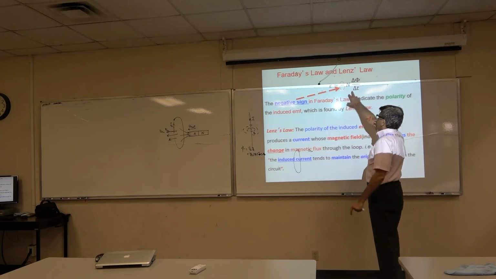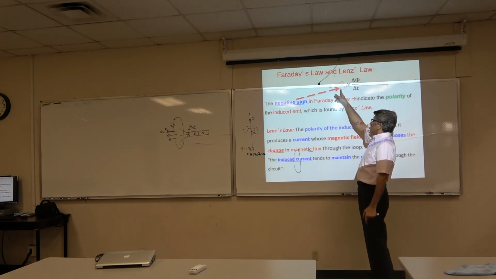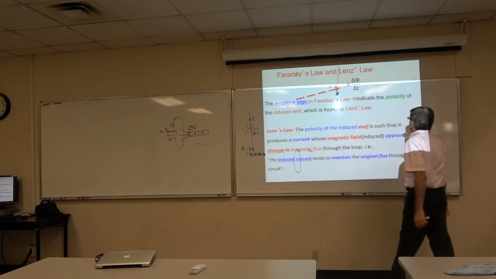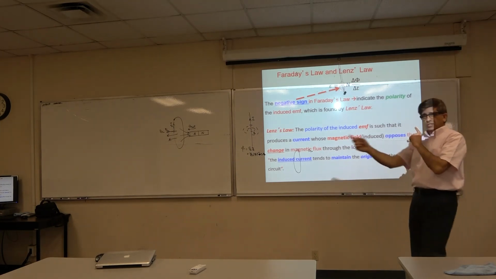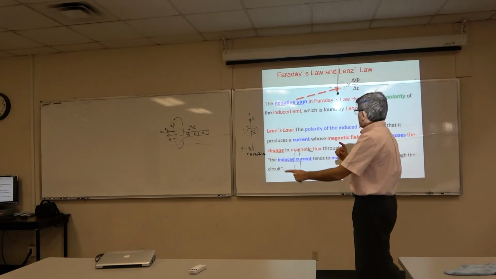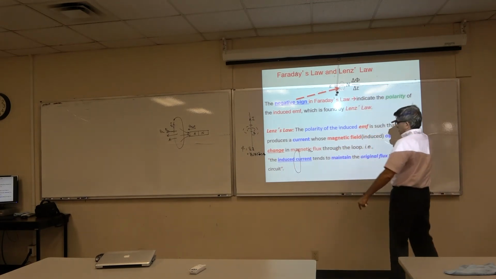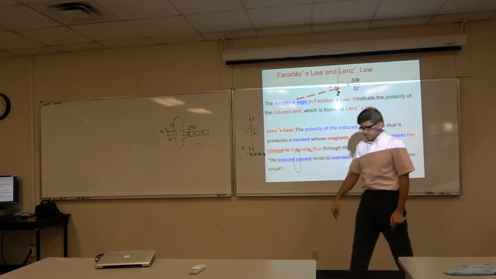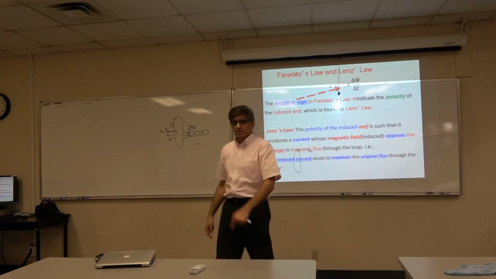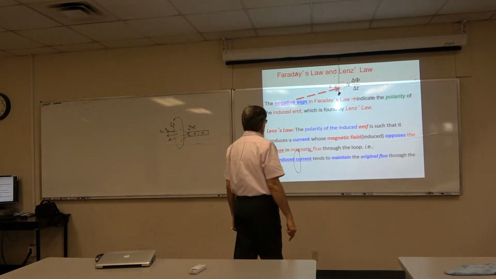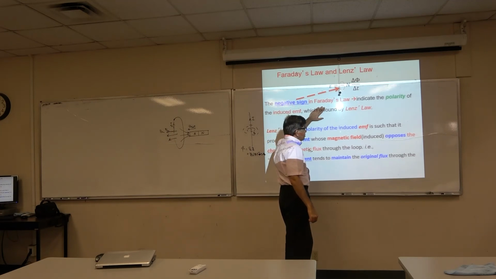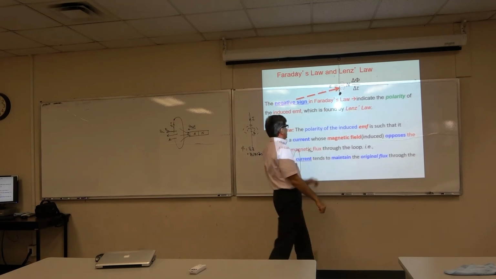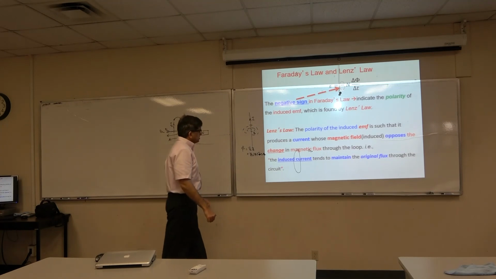So the negative sign in Faraday's law indicates the direction of the EMF induced. Whatever is the direction of the cause, opposite will be the direction of the effect, the induced EMF. Right? This is told to us by Lenz's law. Now, let's refine and rewrite Lenz's law.